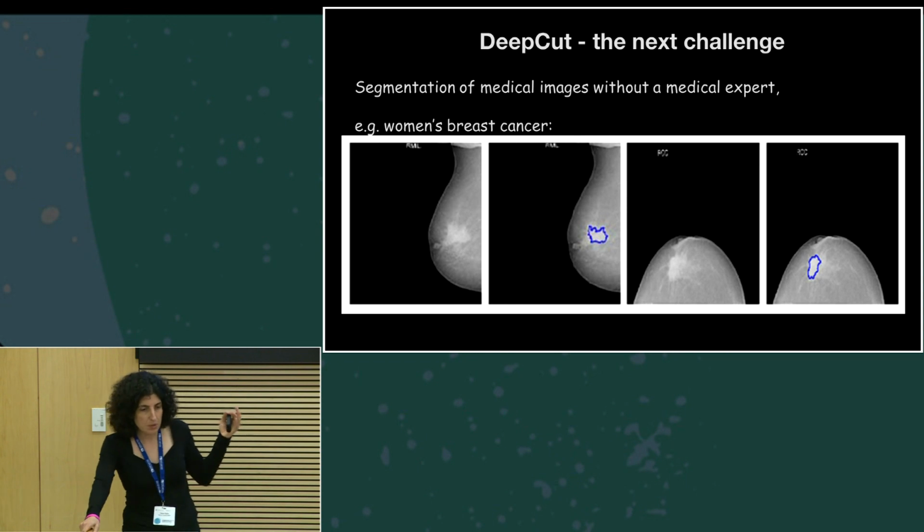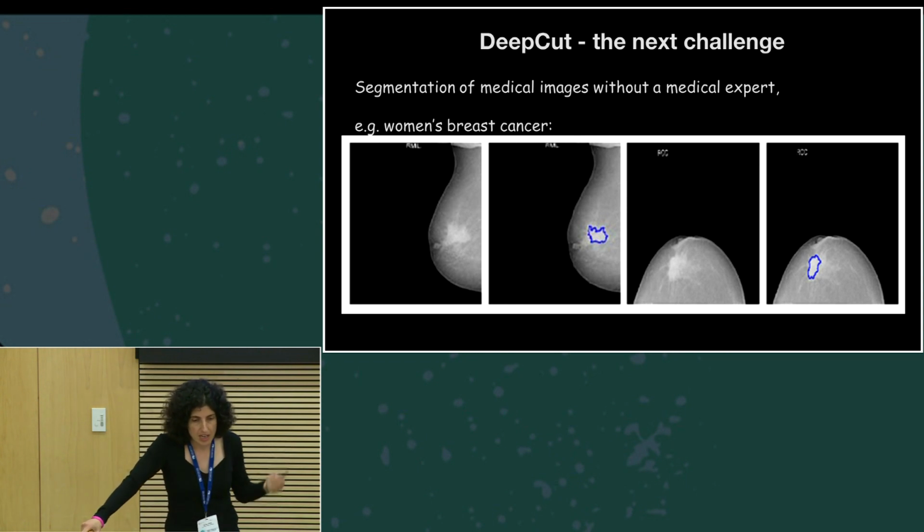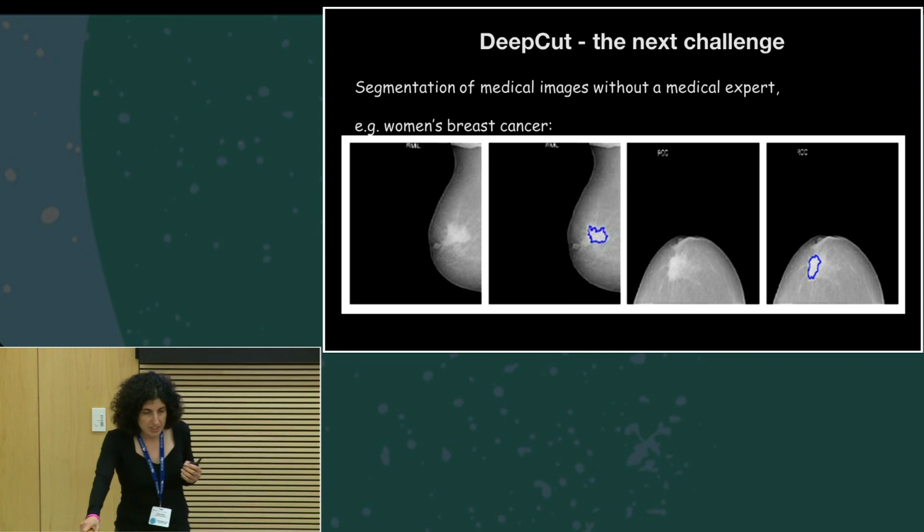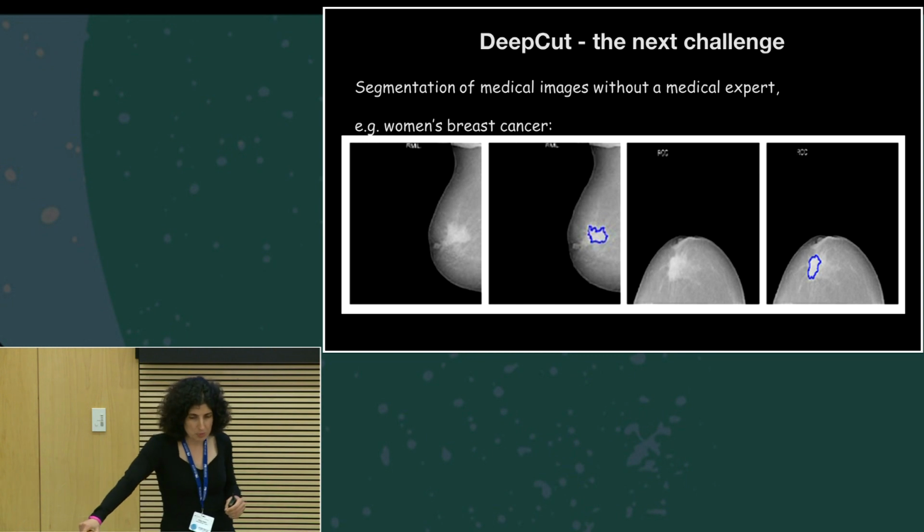So this is an example of breast cancer, and we would like to identify the segmentation, the tumor in this image, and this is work carried on right now in the lab.